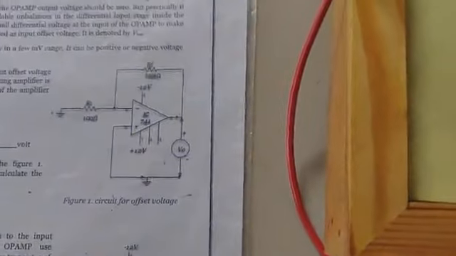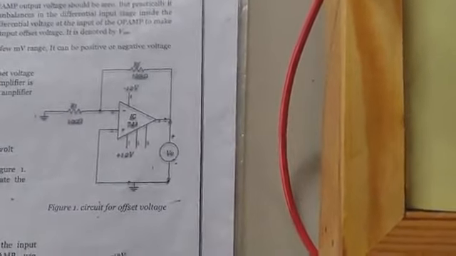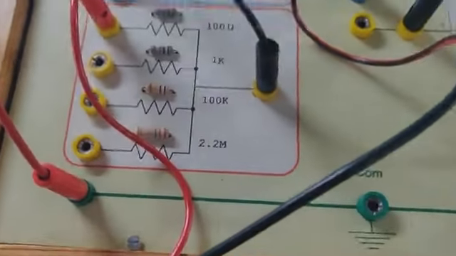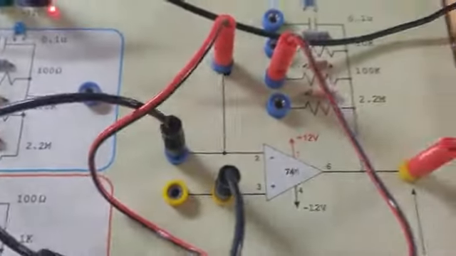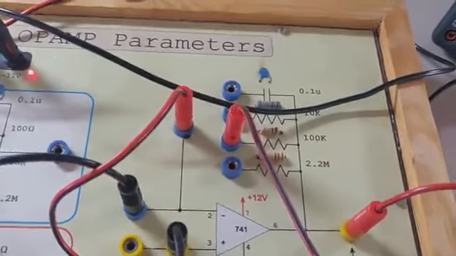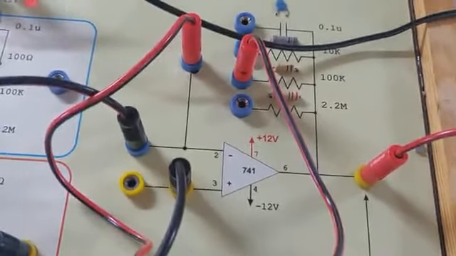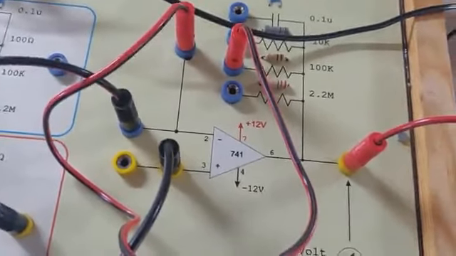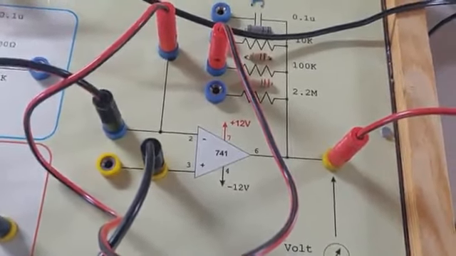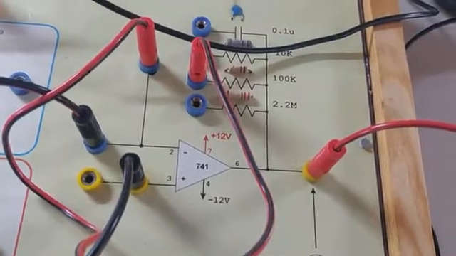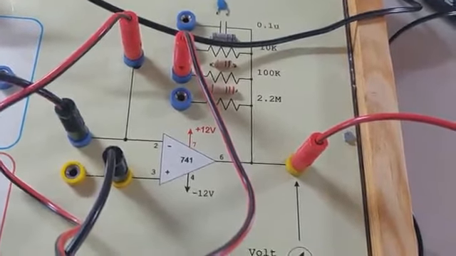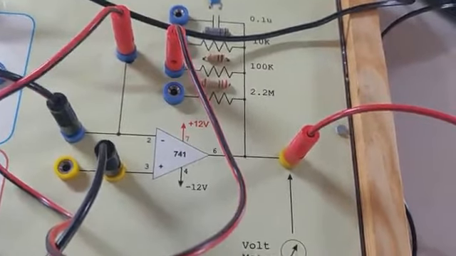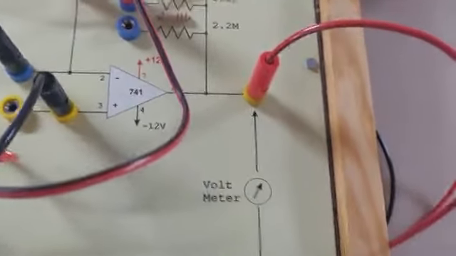Similarly, pin number 3 is also grounded and hence the V2 input is also 0. So the difference of the inputs, V1 minus V2, is going to be 0. And if the difference of the input is 0, we are utilizing it in differential mode. That means output voltage is nothing but the gain of the amplifier multiplied by the input voltage. But the difference of the input voltage is 0, so output voltage should be 0.